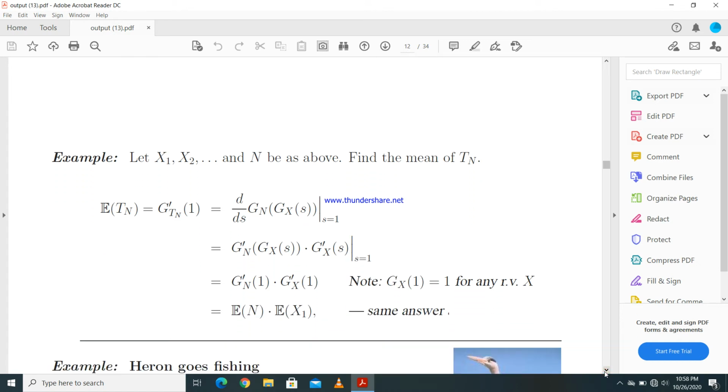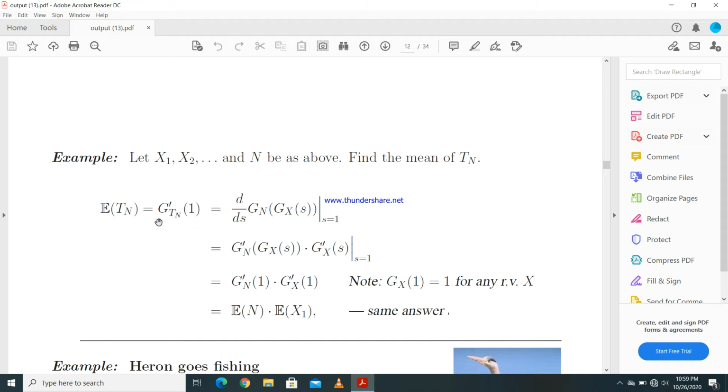In this case, x1 up to xn are independent, identically distributed random variables, and we want to find the mean value of Tn. In other words, we want to find the expectation of Tn.